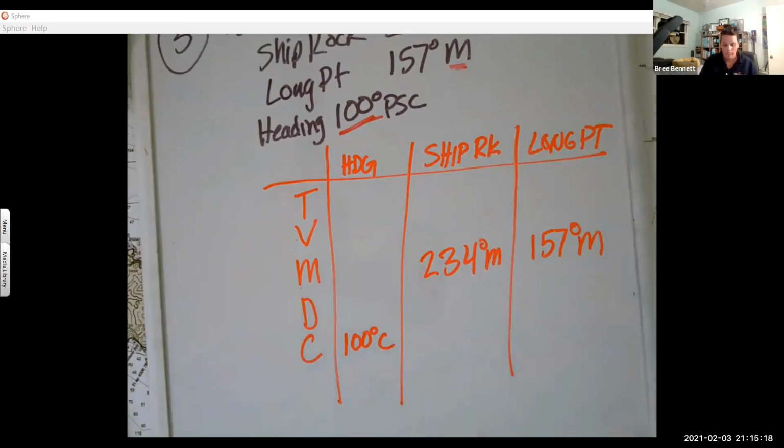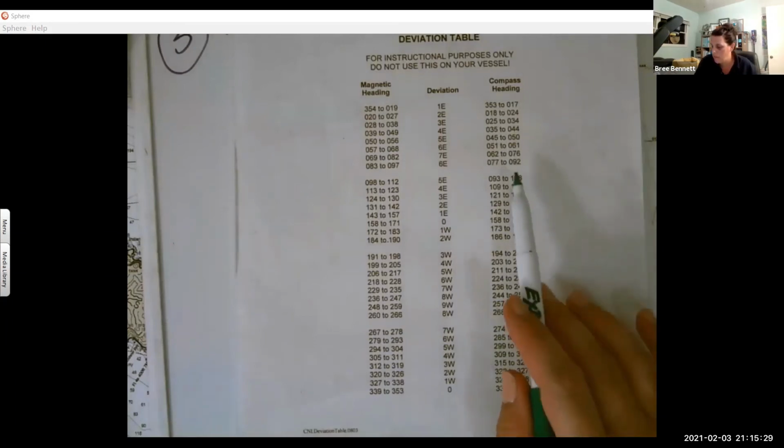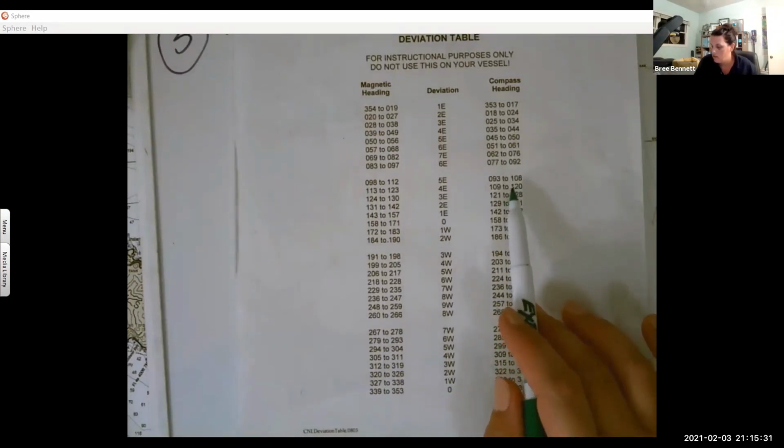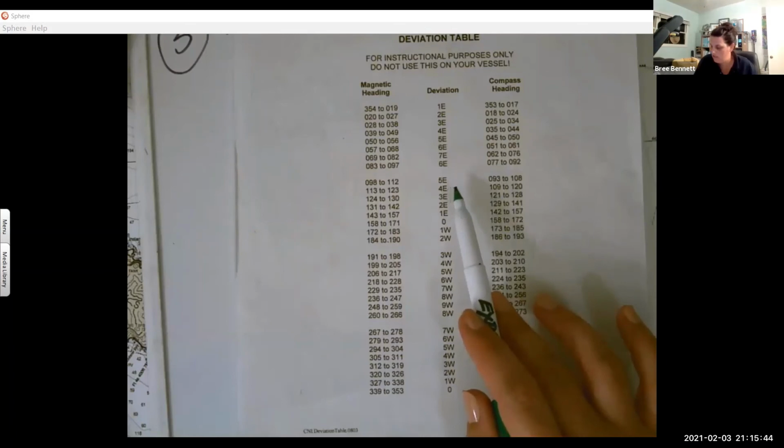So I'm still going to use my deviation table for my heading. My heading was 100. So that's 5 east, right?